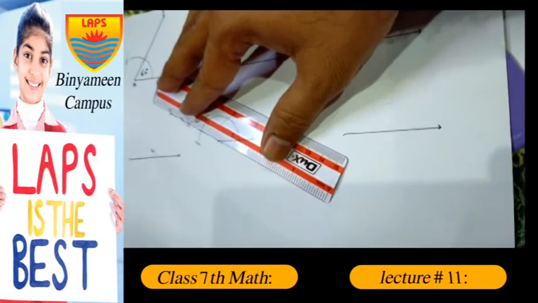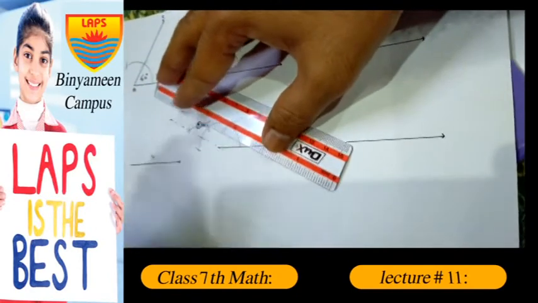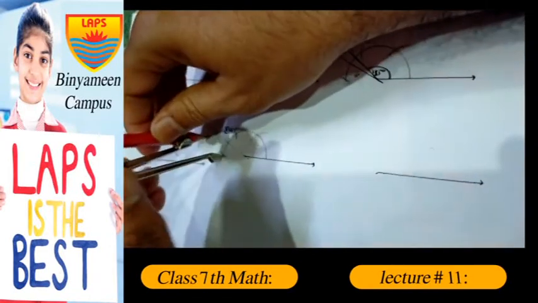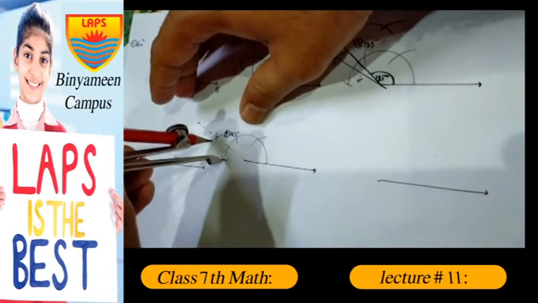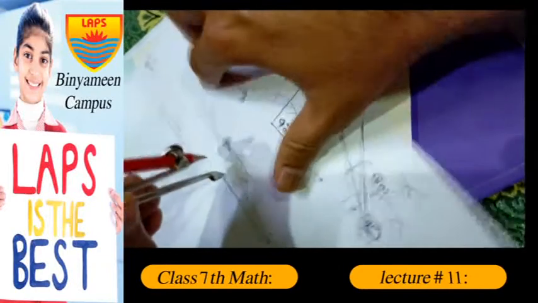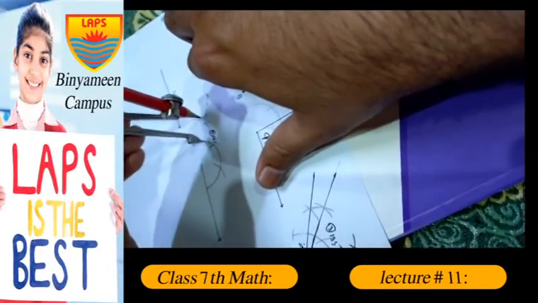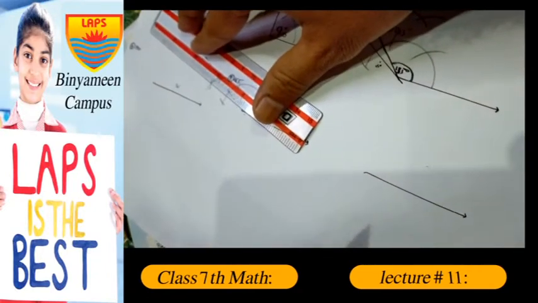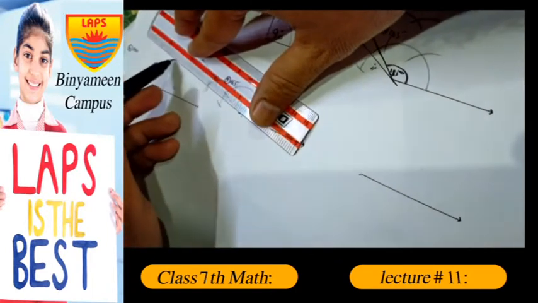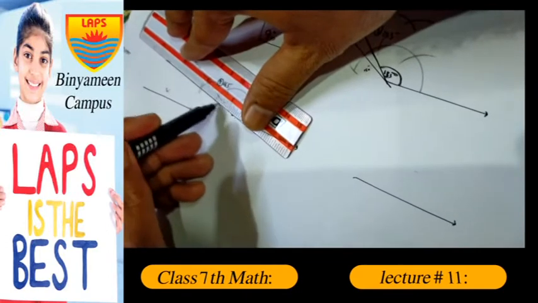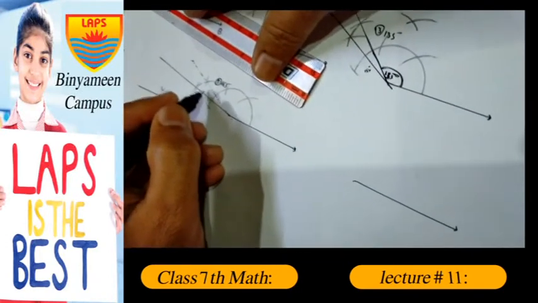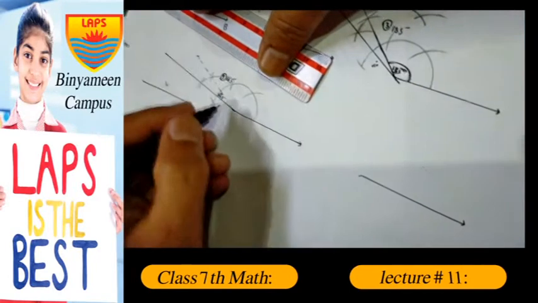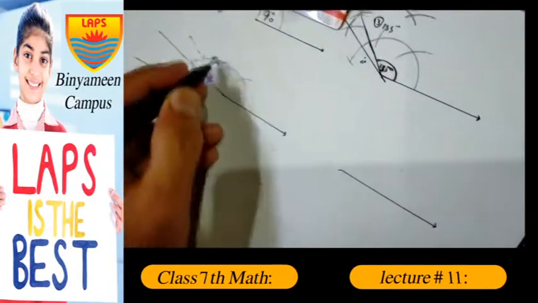With the help of the 150° angle, we draw angle 160°. 165° angle done.